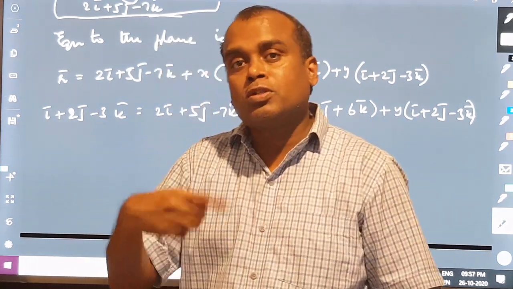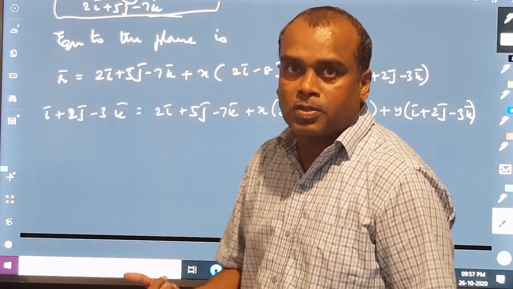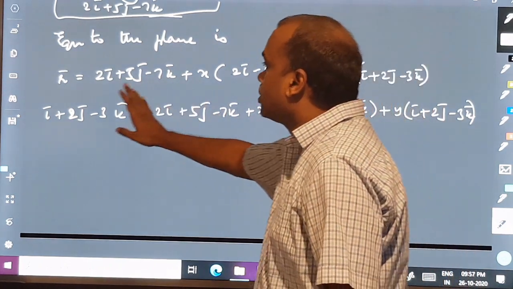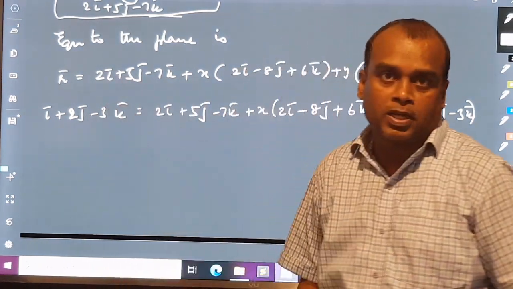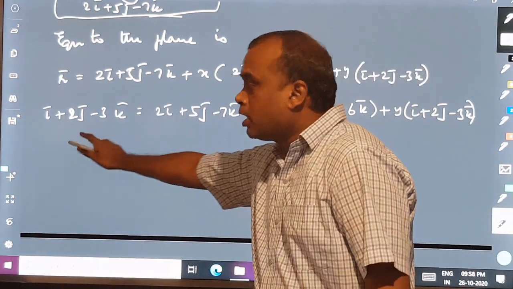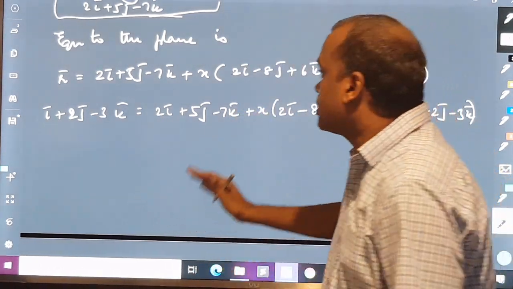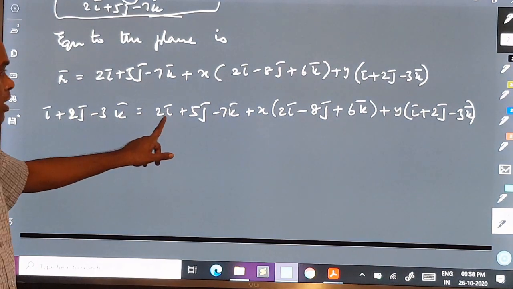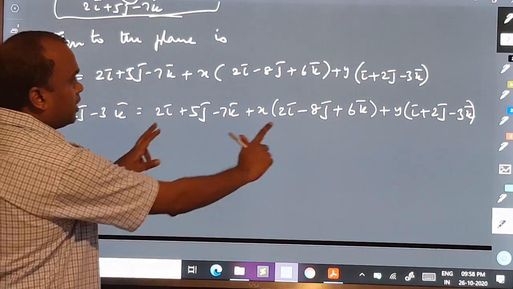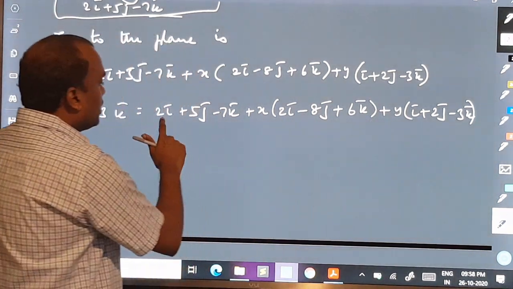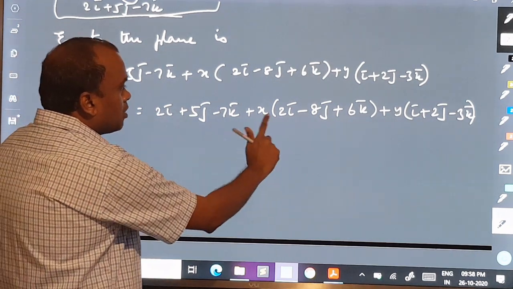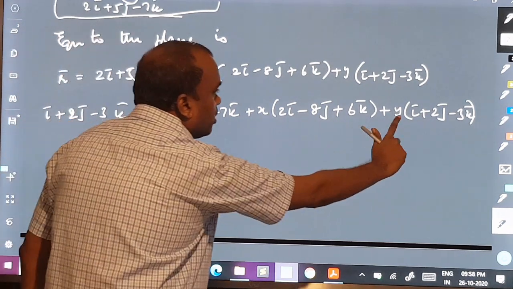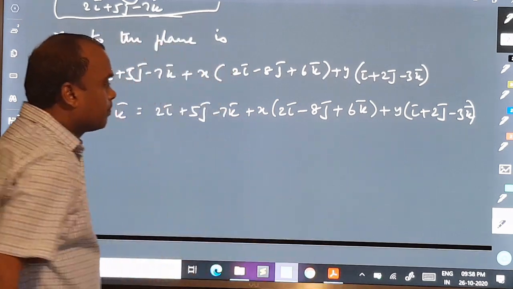If those values of x and y satisfy the third equation, then I can conclude that this point lies on this plane. Let's go for equating corresponding components on both the sides. For i bar, here it is 1, and on the right hand side for i bar it is at 3 places. So collecting the 2 here, 2x here, and for i bar it's y here.